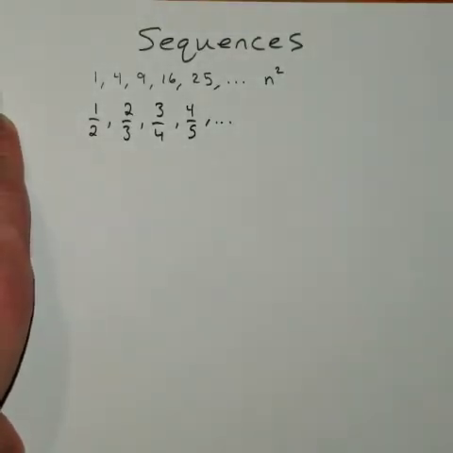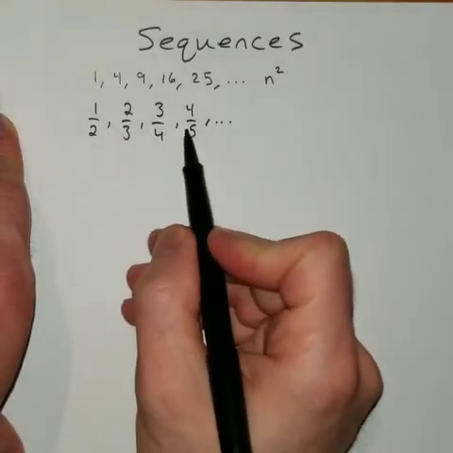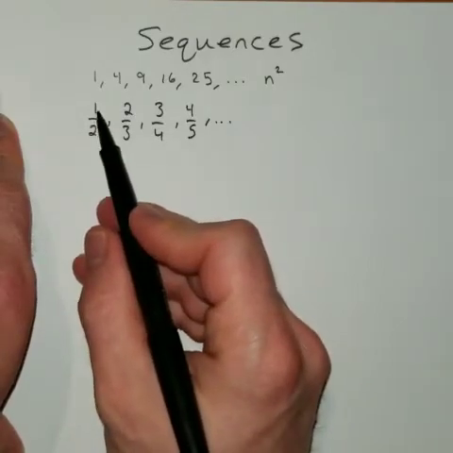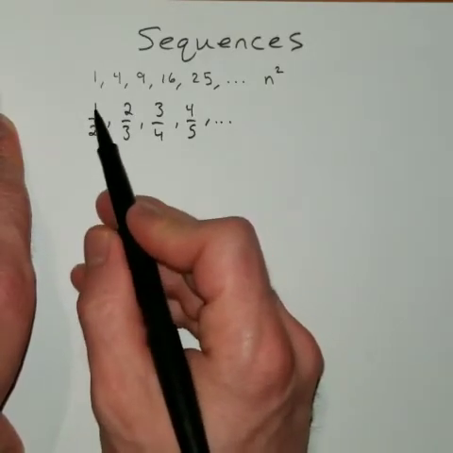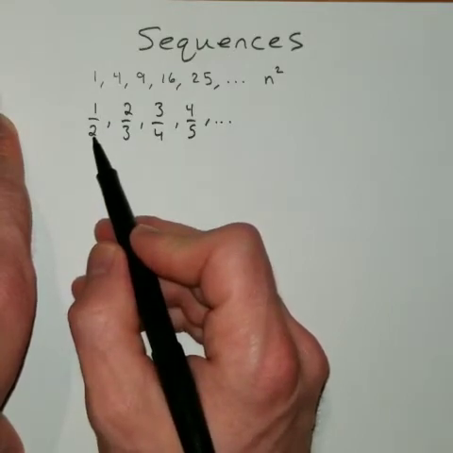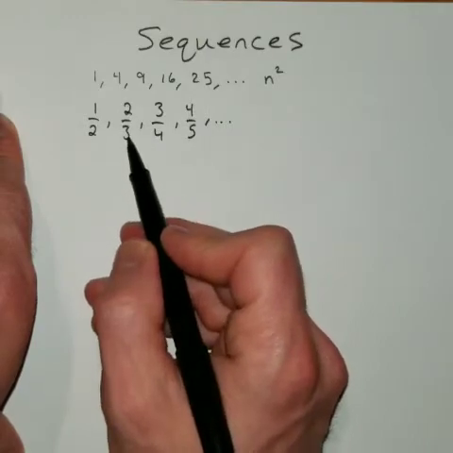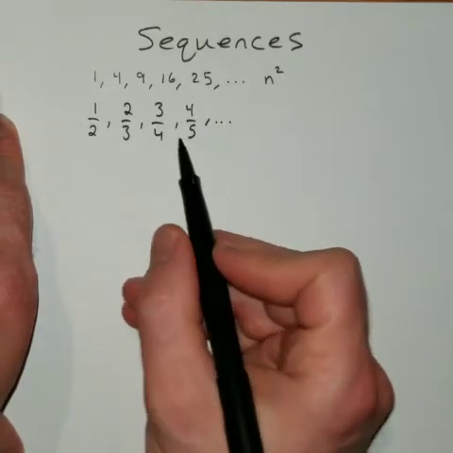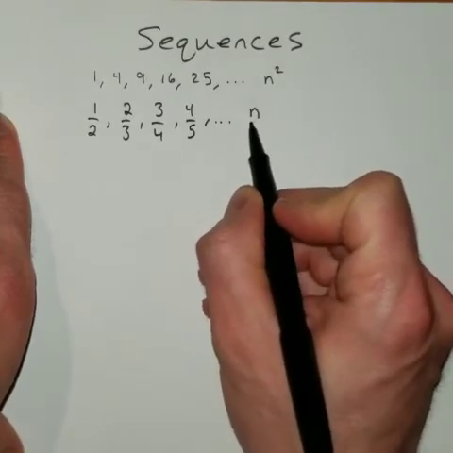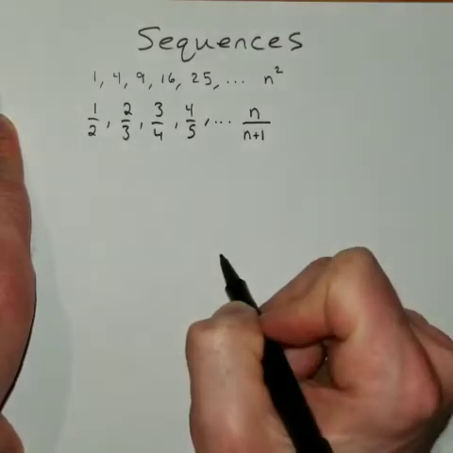If you think about the position being the variable, the position is right on top, that's your n, and the bottom is just 1 greater. So your general form would be the position divided by the position plus 1.